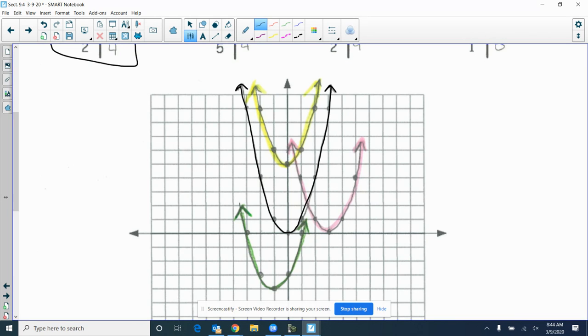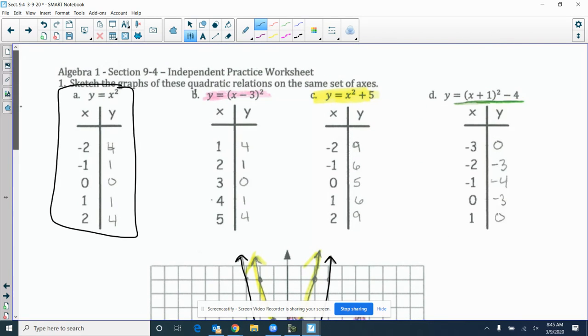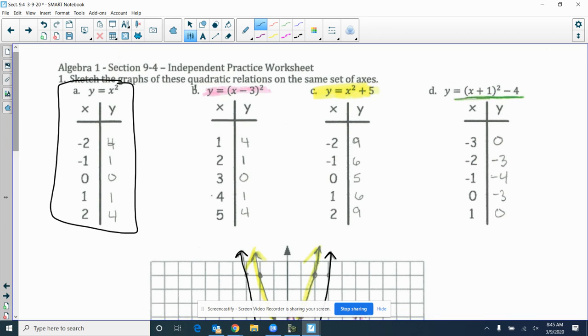Okay. The second one, which I have in pink, reddish, you should have 1, 4, 2, 1, 3, 0, 4, 1, 5, 4. Okay, so you're plugging in, it's in parentheses, so 1 minus 3 is -2, but you square that, you get back +4.